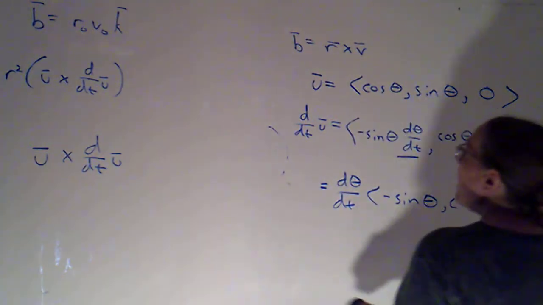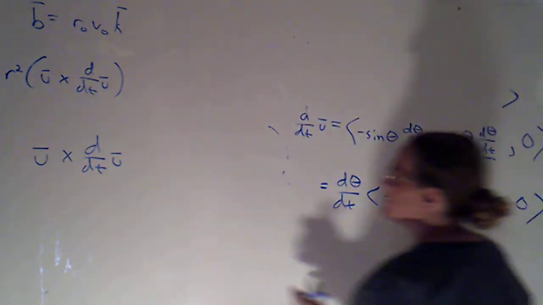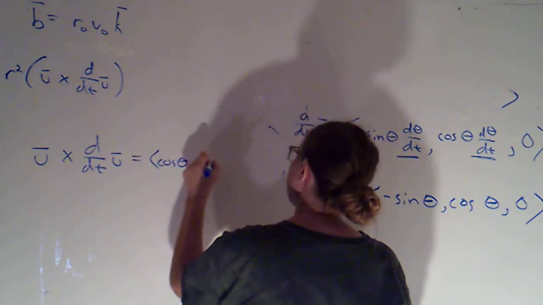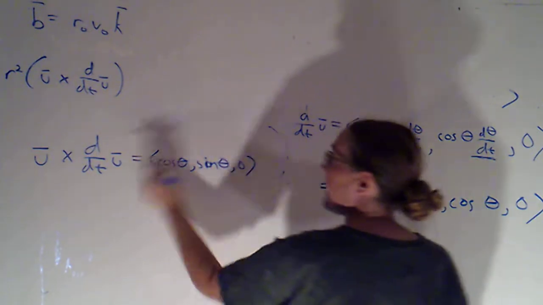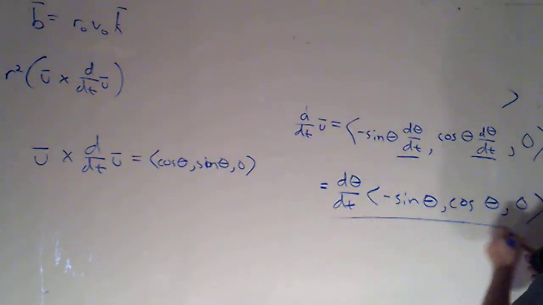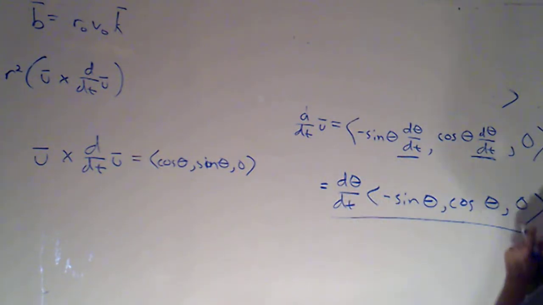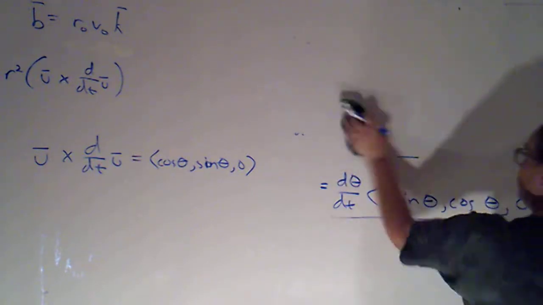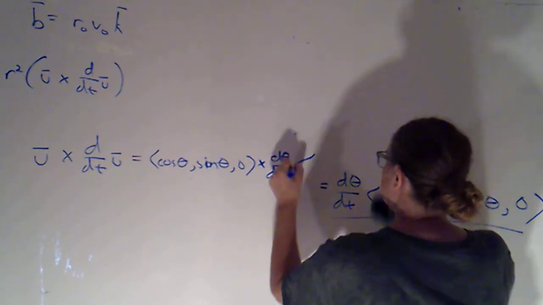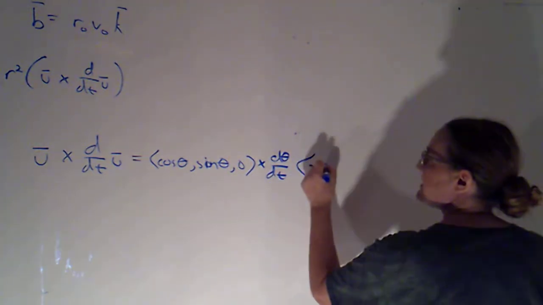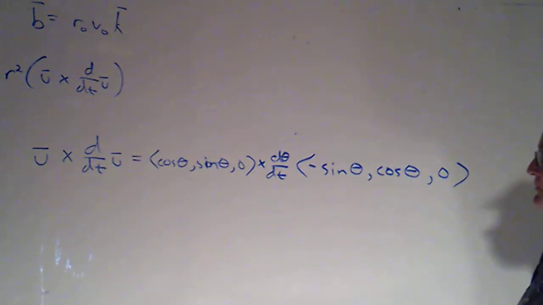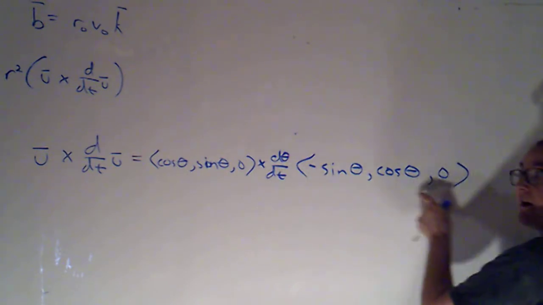Okay. All right. Now, what we've just said is that this is cosine theta, sine theta, 0. That's our u. Crossed with, this was our du by dt. So it was d theta by dt, and then it was negative sine theta, cosine theta, 0. Now, this is a scalar multiple of this vector.